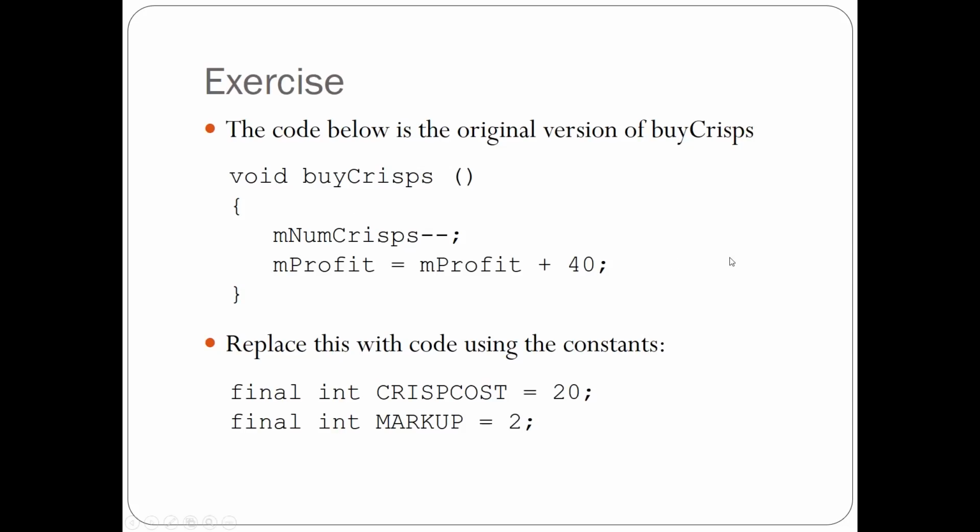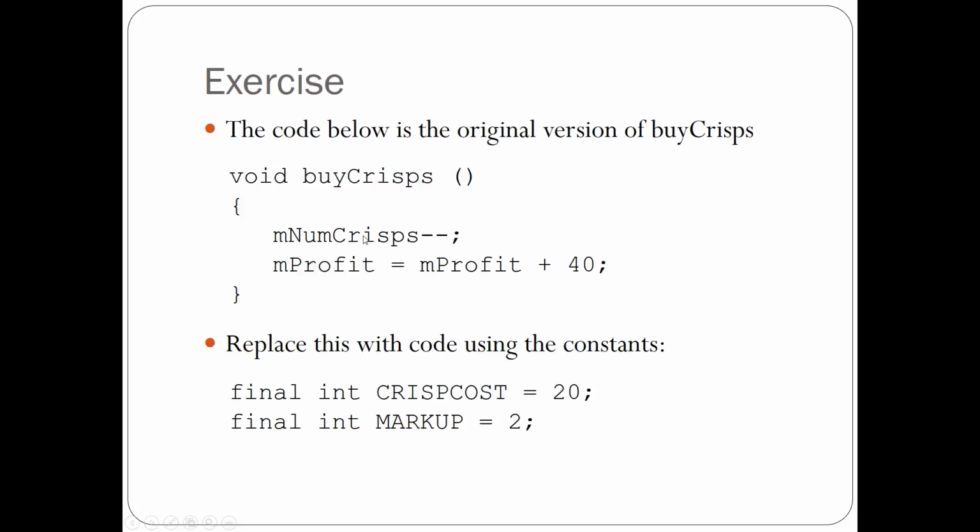So have a quick go at this, another pause the video moment. There's the original buy crisps code, and as it stands, we would buy a packet of crisps, we would knock one off the machine, and then we would alter the profit by the factor of 2 multiplied by the cost of a single packet of crisps.